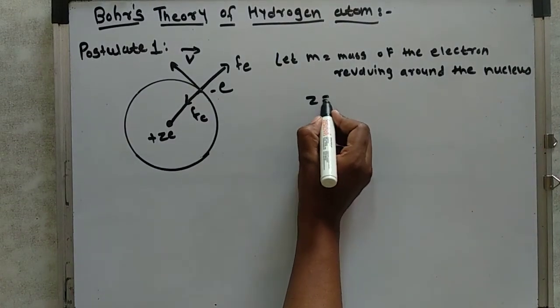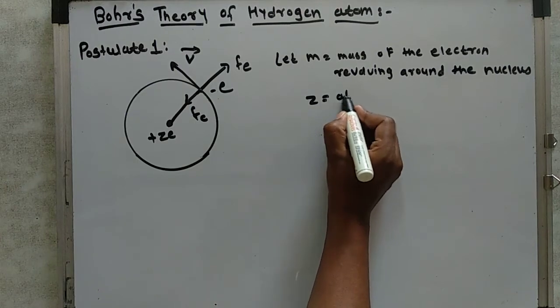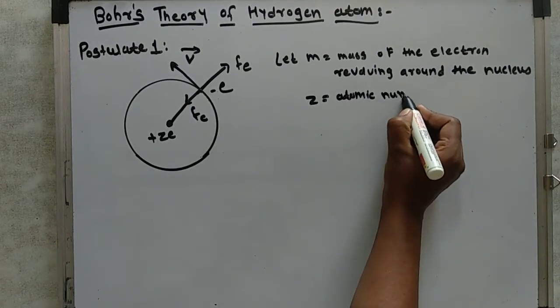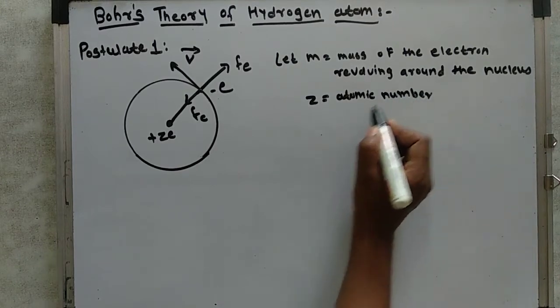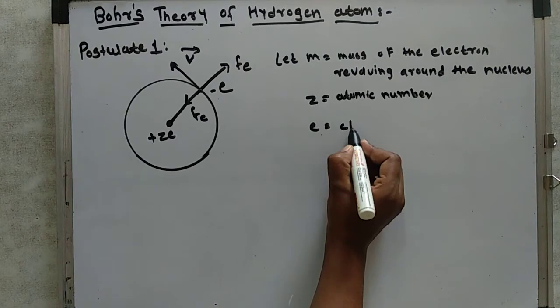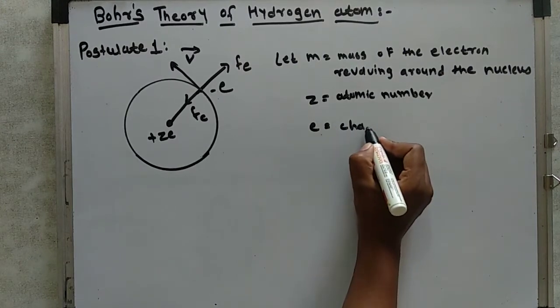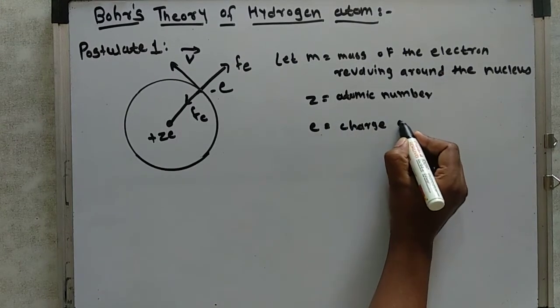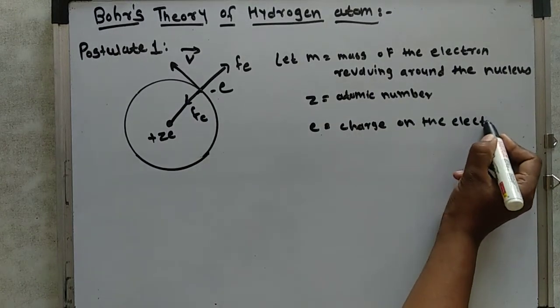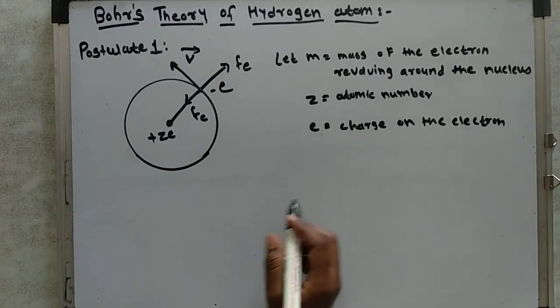Z is equal to the atomic number. e is equal to the charge on the electron.